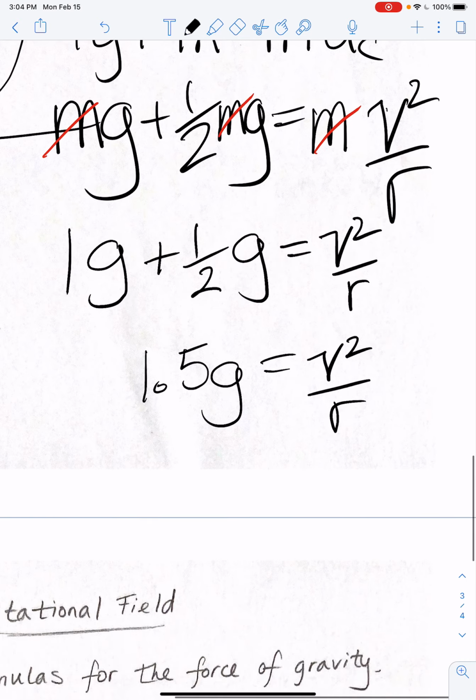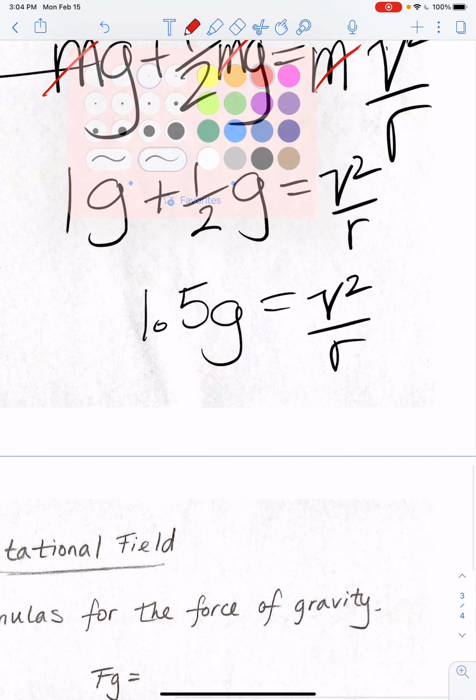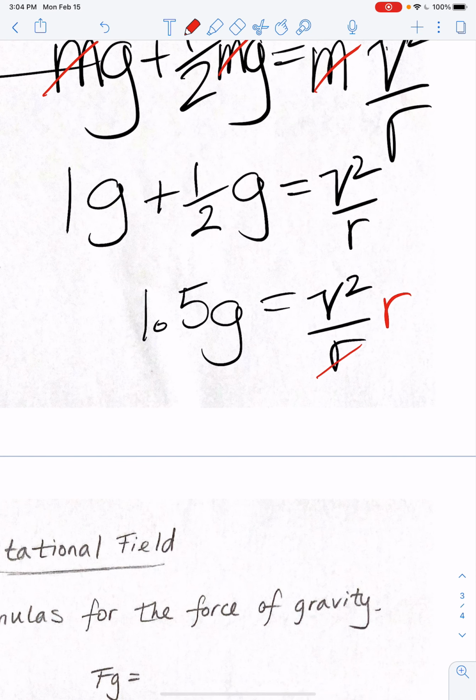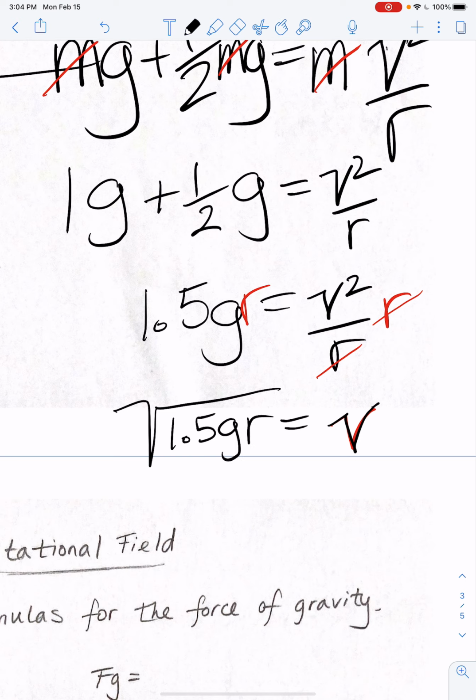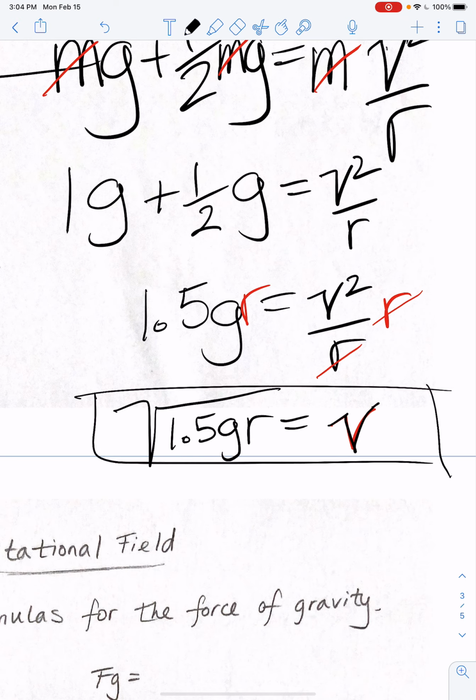Multiply both sides by r. And we are going to get v is equal to the square root of 1.5 gr. All right, and there you have it.